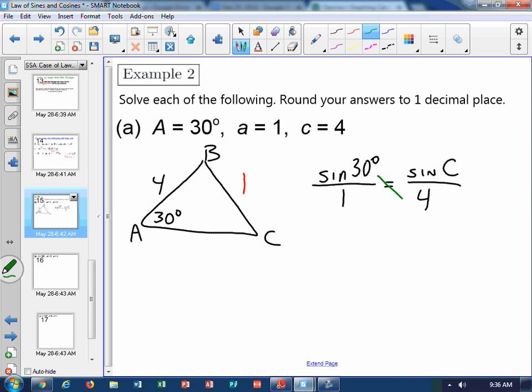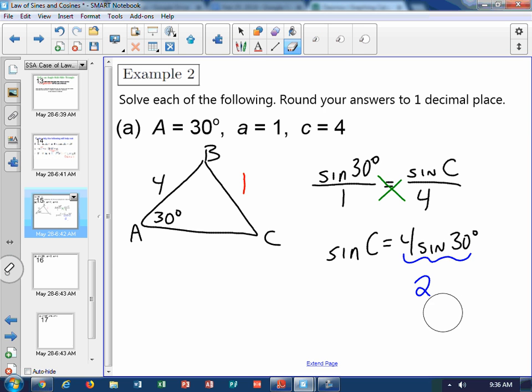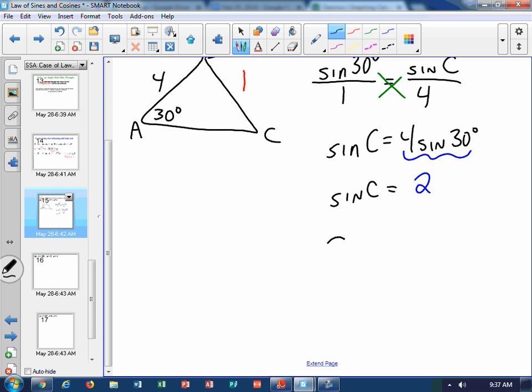When we cross multiply, we get 1 times sine of C, which is just sine of C, equals 4 times the sine of 30 degrees. Sine of 30 is a half, so 4 times a half is 2. So the sine of angle C equals 2, and C is going to be the inverse sine of 2.